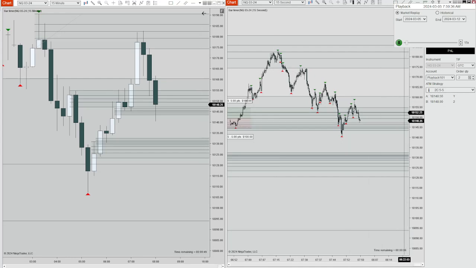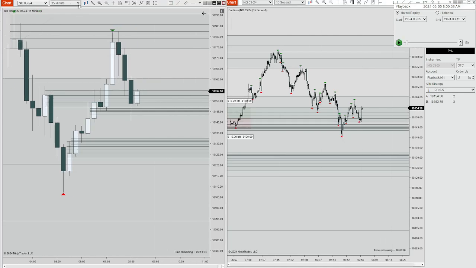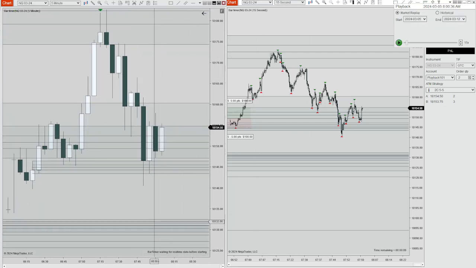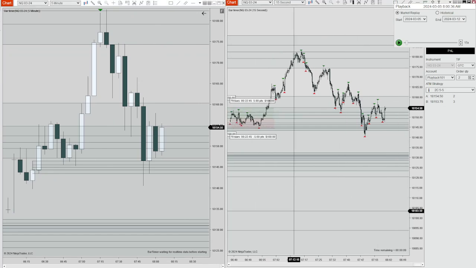Okay, one more minute. All right, so we just created a 15-minute valid high. Let's go back to the 5 minute. And so potentially we can start looking for some shorts.